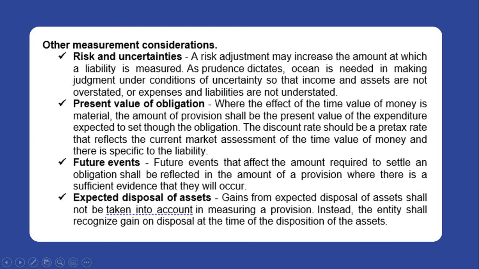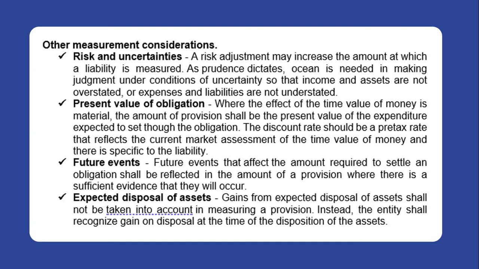Now, as we've mentioned, we need to measure the provision at its best estimate, right? But there are other measurement considerations aside from the best estimate, depending on the area. Okay? We have risk and uncertainties, like what we have shown on the previous slide, where there is a risk adjustment factor. A risk adjustment may increase the amount at which a liability is measured.